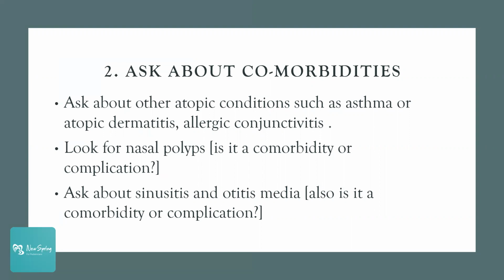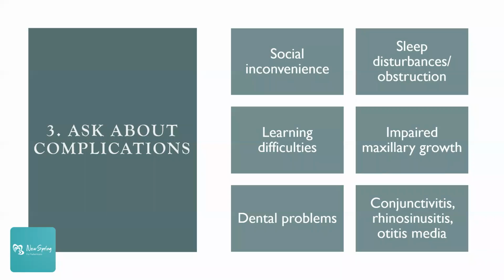You have to ask about sinusitis and otitis media, and once we find otitis media, it's quite a dilemma, because once a patient with allergic rhinitis has otitis media once, it is usually recurrent. And there's also a debate over whether it's a comorbidity or even a complication of allergic rhinitis.